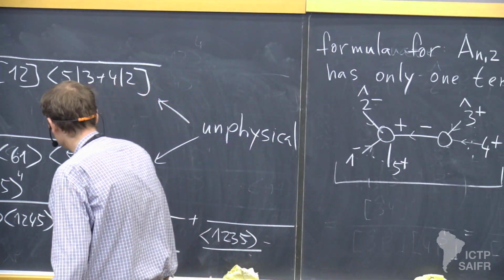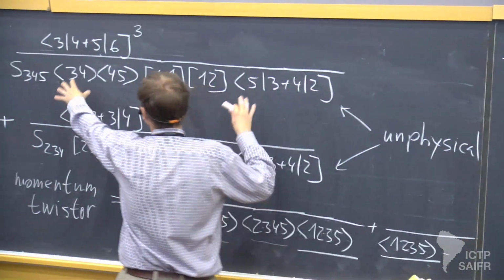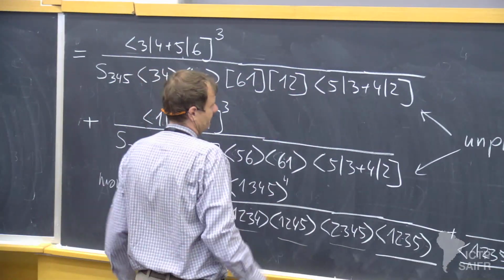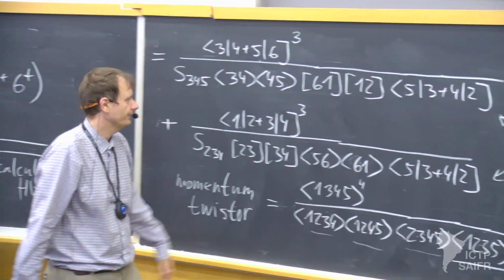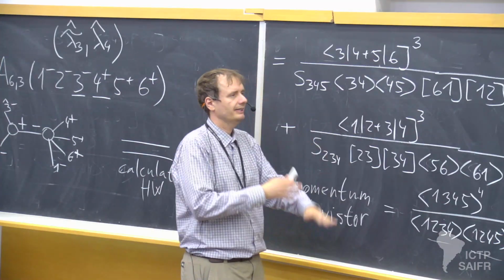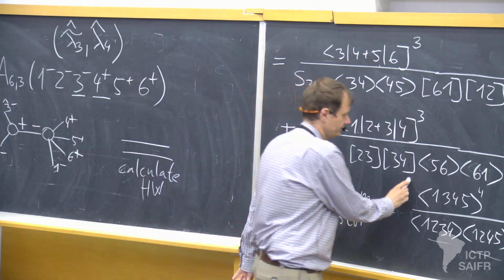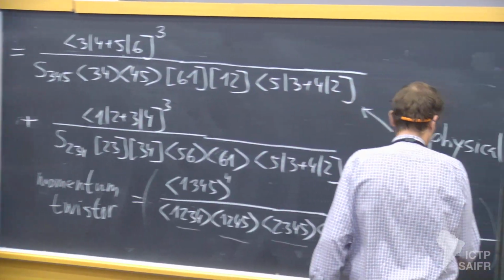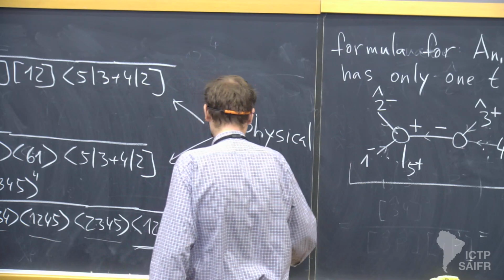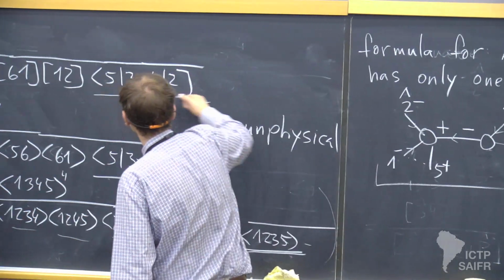All the other terms corresponded to these other physical poles. You have to factor out the Parke-Taylor factor, which factors out of the whole thing, so there is more to the story. But the important part was understanding how this spurious pole here and here cancels.